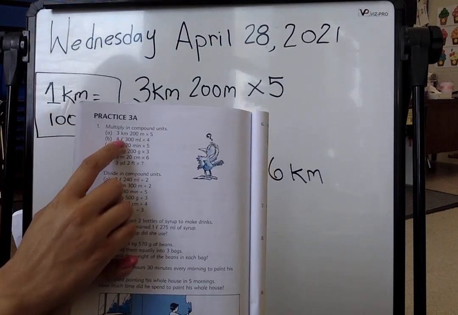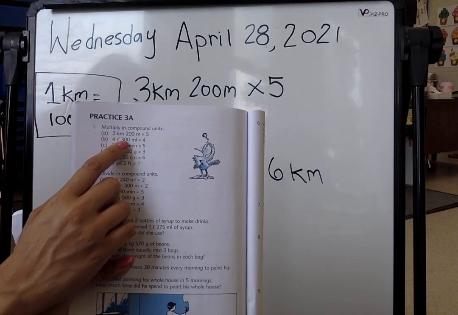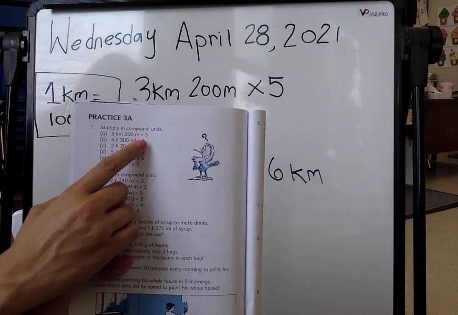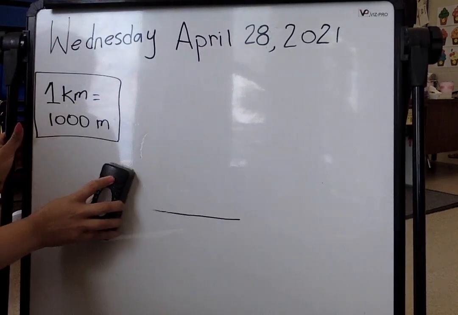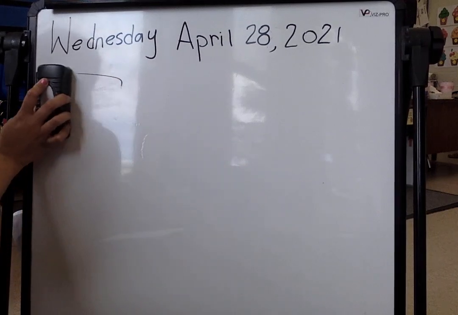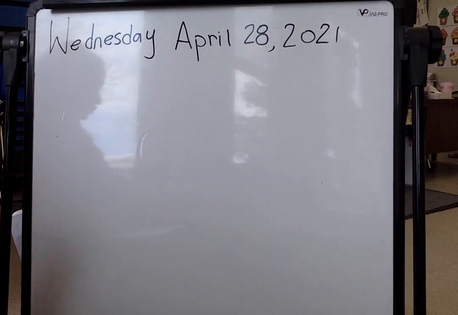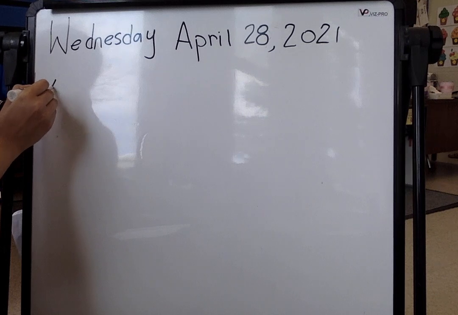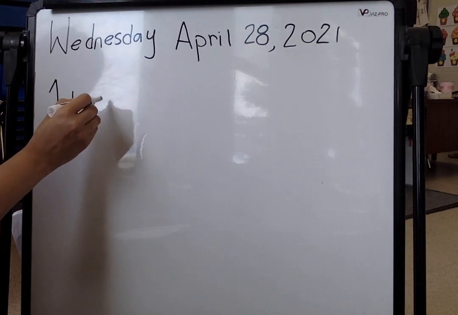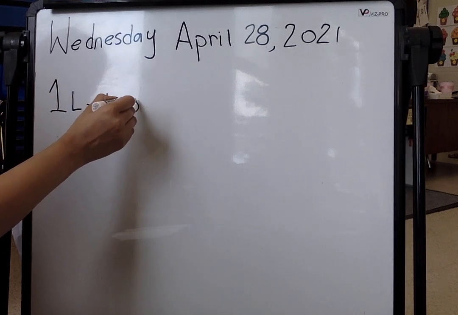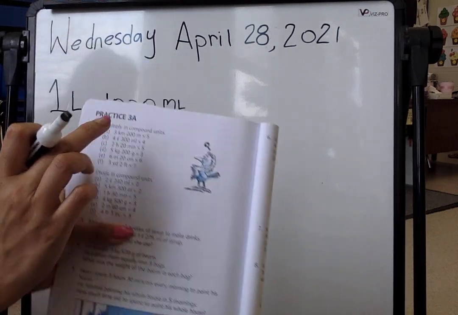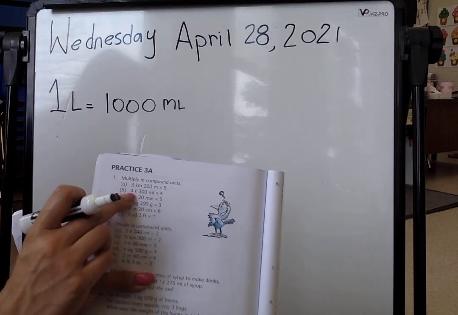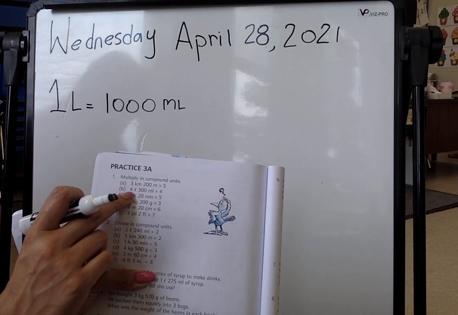For your second question, it says 4 liters and 300 milliliters times 4. So what do you think you need to do? What does 4 liters mean? 1 liter equals 1,000 milliliters. So if we have 4 liters, then that means 4,000, right?